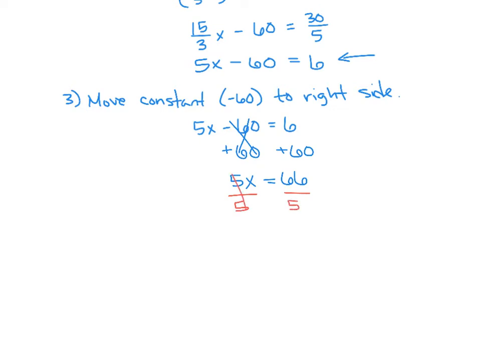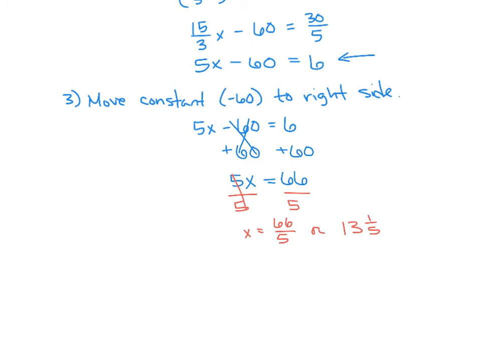These cancel, and x equals 66/5, or 13 1/5 if you change it to a mixed number. I think they'd make things a little bit easier on you in 7th grade.